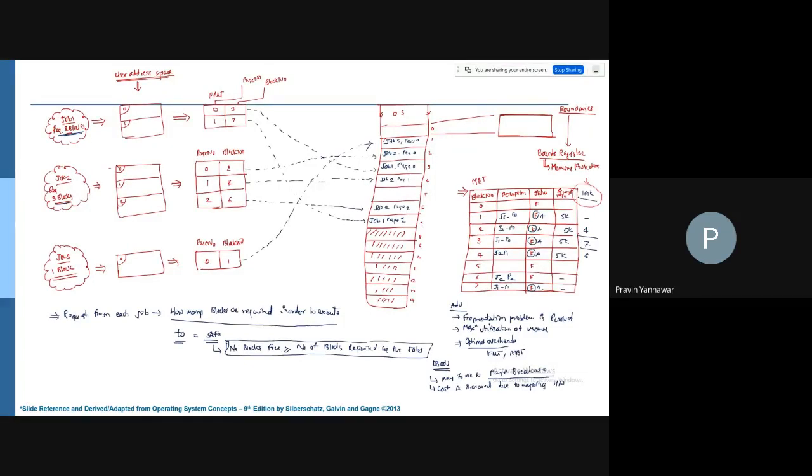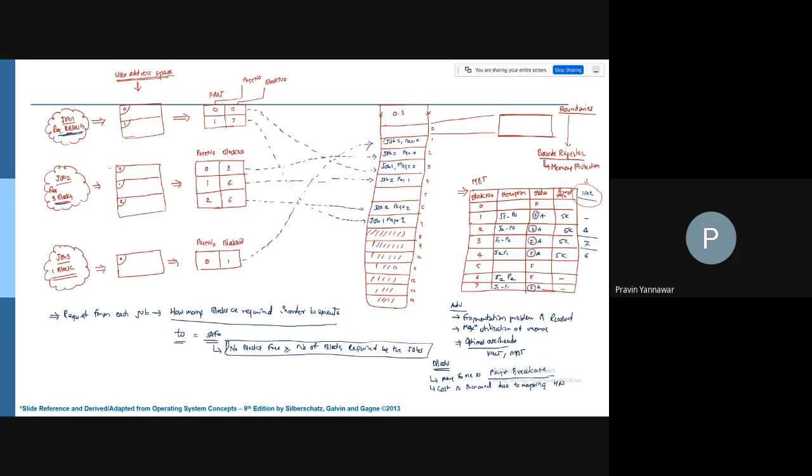Page 0 of job 2 is referenced to memory block number 4, where you have page number 2 loaded, and this is referenced to memory block number 6, where you'll find the third page. Though it is logically contiguous in primary memory, with the link we can refer. But for executing this job, we need all 3 pages to be loaded into primary memory.